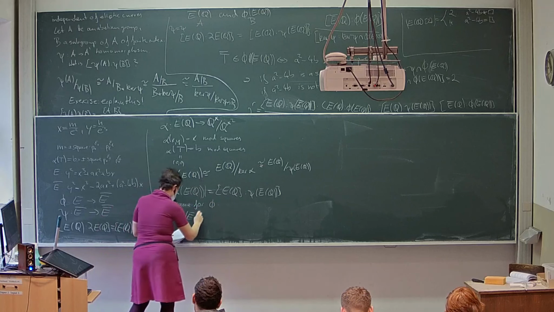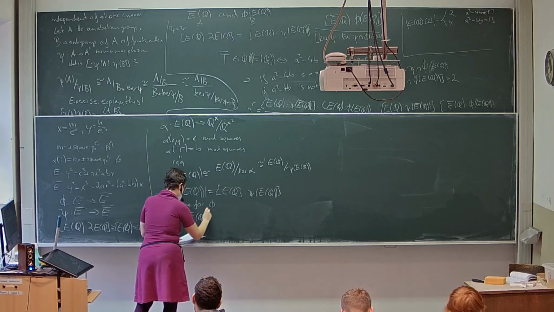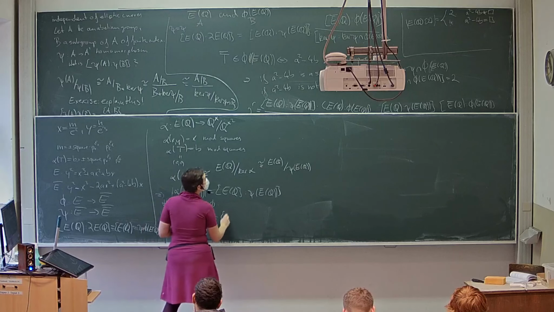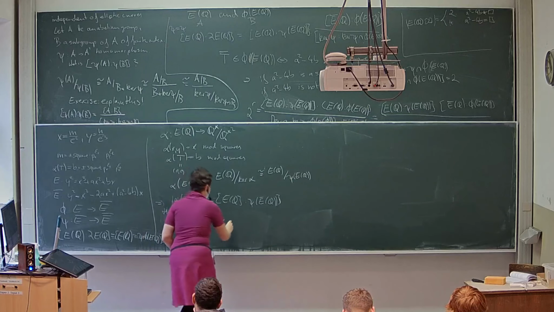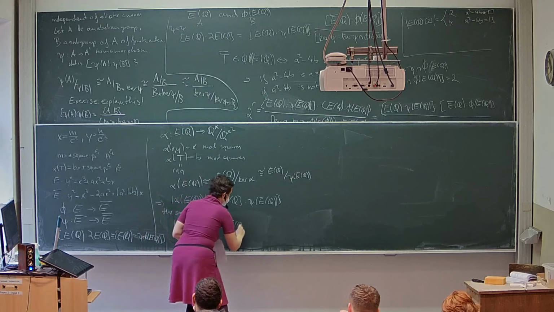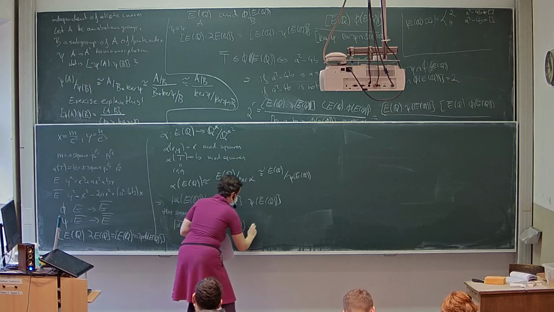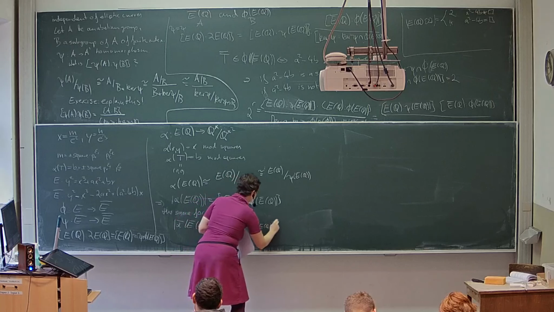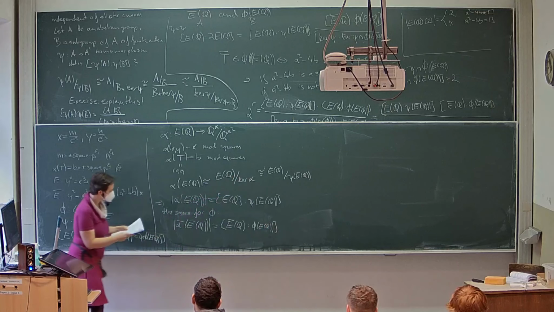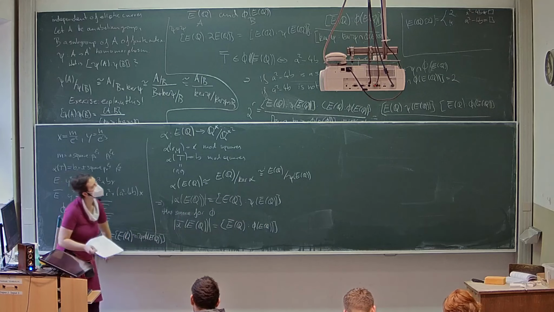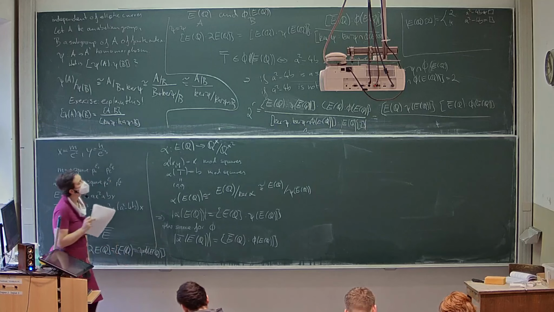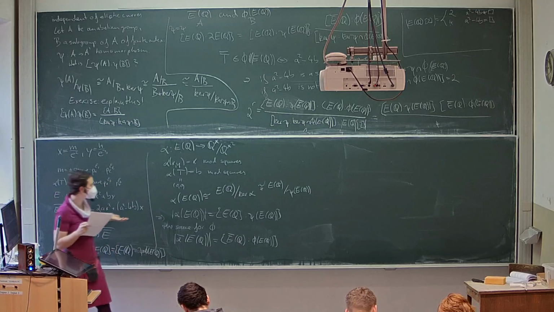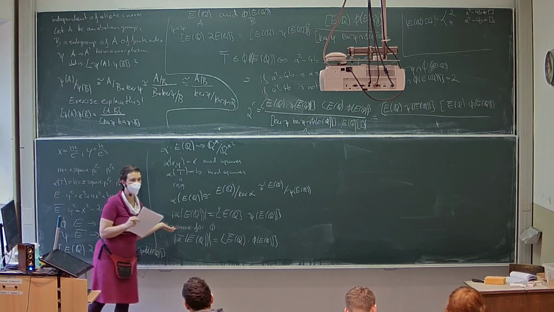But then we have here E bar. So the only thing basically that we now need to do is find out more about the image of alpha.